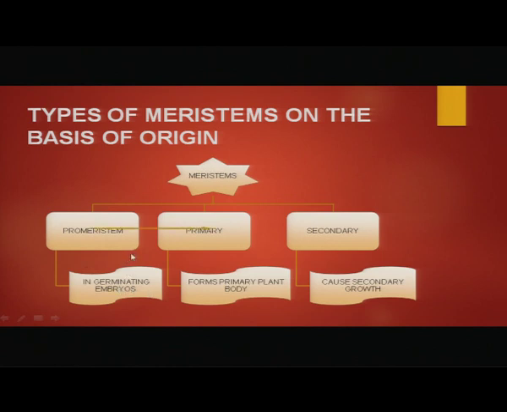Some of these cells give rise to the primary meristem also. The primary meristem in turn divides to form the primary plant body, the young plant body, and some of the cells of the primary meristem give rise to secondary meristem during later periods of growth. The secondary meristem is also very important because it causes the secondary growth, the wood formation.